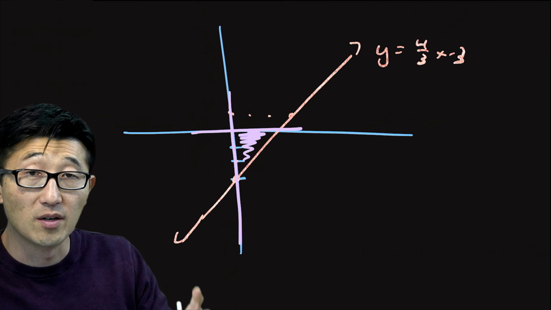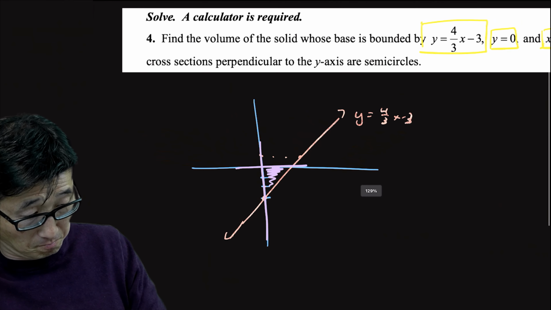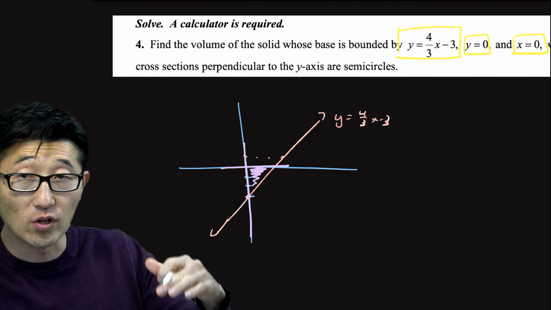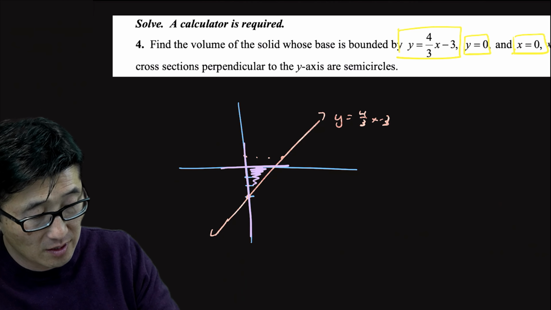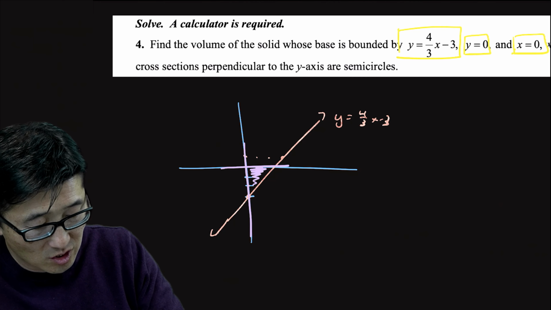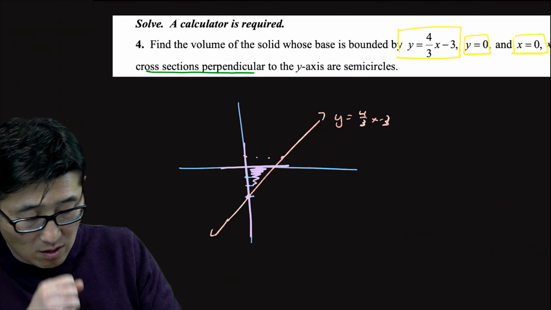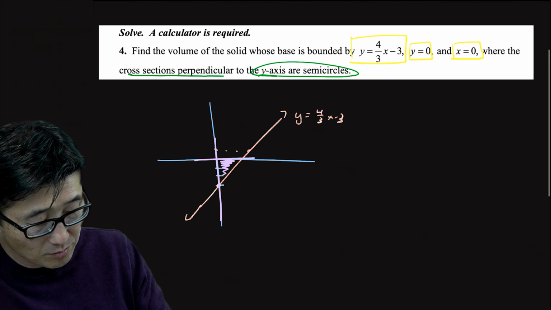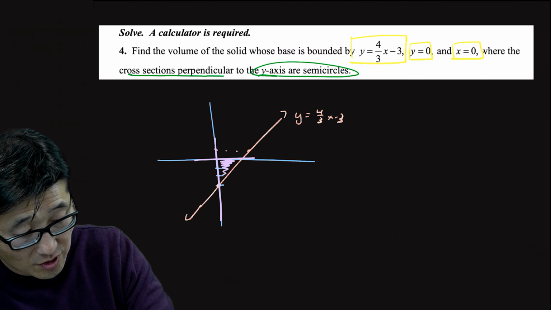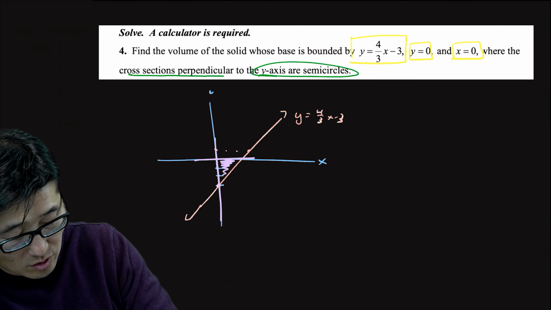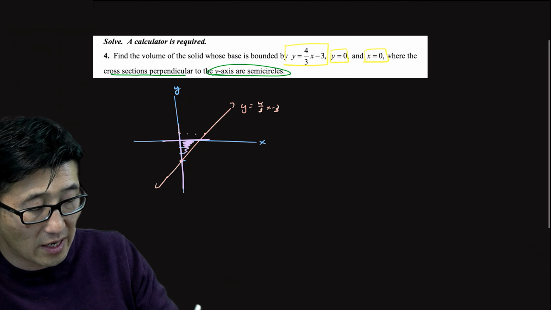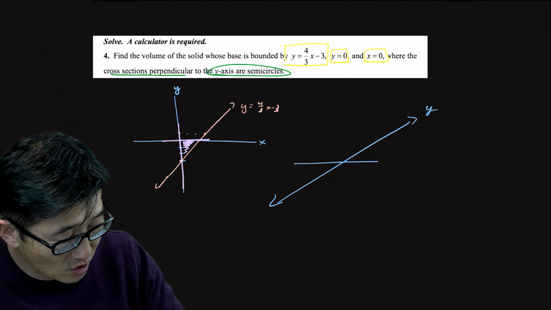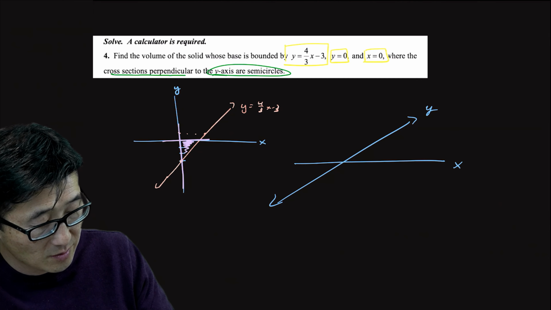And we're looking for the volume, not of this flat figure, but when you put on top of it semicircles. It says here cross sections perpendicular to the y-axis that are semicircles. If I draw this three-dimensionally, I'm going to put x and y on the ground. So this right here will be my y, and this right here will be my x.